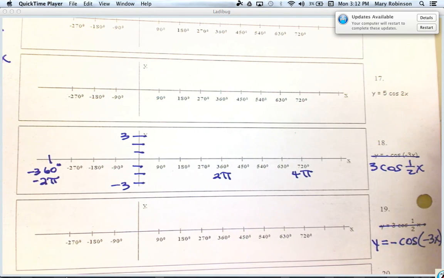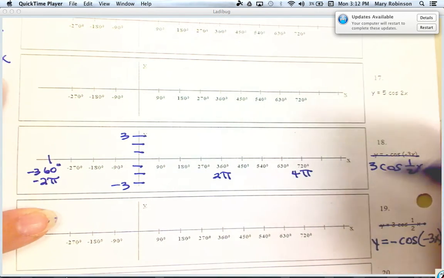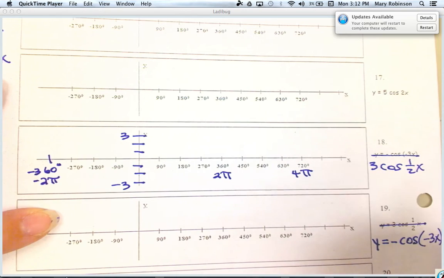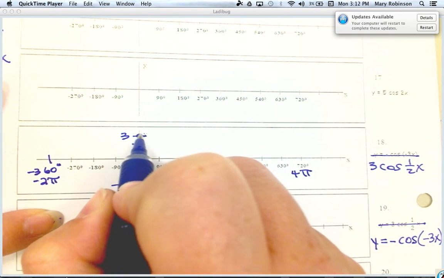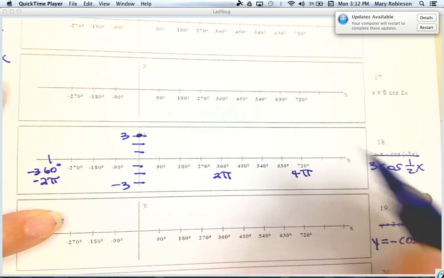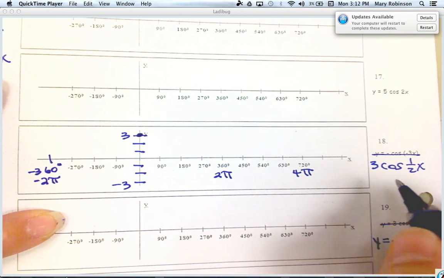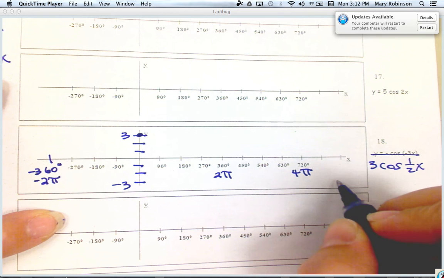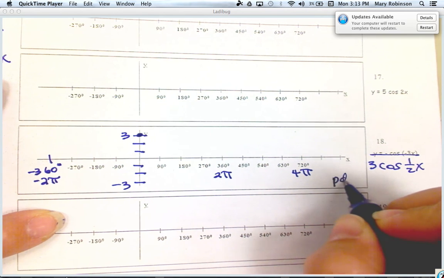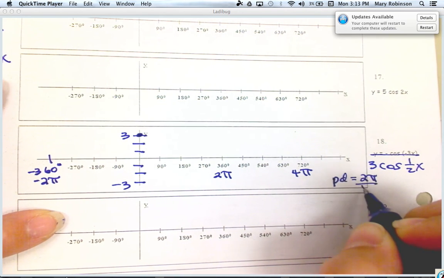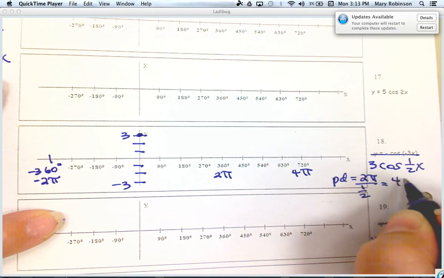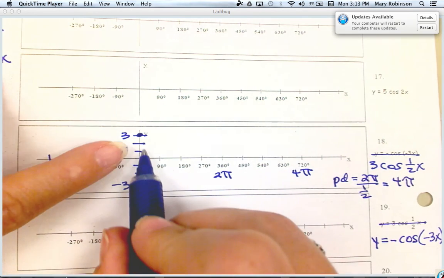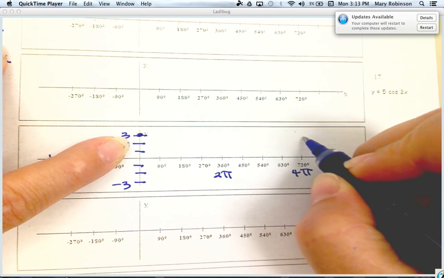Although it says to graph from negative 2 pi to 2 pi, I'm going to ask you to do the full cycle over here. So remember, for the cosine function, it kind of looks like a V, so it's a max. And then if we think about it, the period is 2 pi over 1/2. 2 divided by 0.5 is actually 4, so 4 pi. So that means you would start here and end at 4 pi.